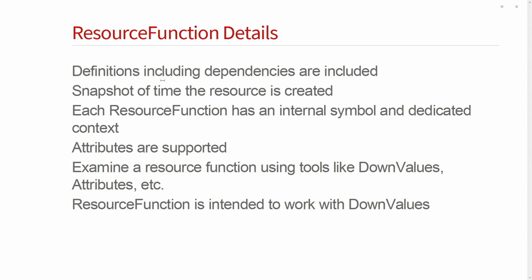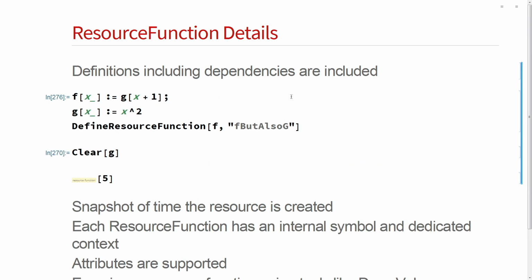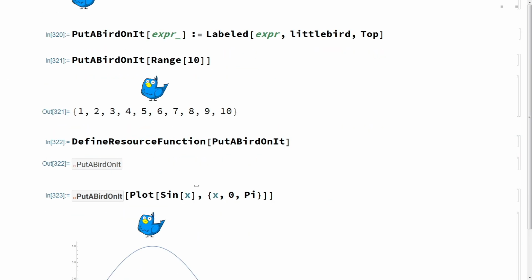Before we move on much further, I'm going to get into some of the nuts and bolts of resource functions. The definitions are imported into the resource function when you evaluate define resource function. So if I have f that depends on g, and I define a resource function for f. One thing I should also mention: in the last example, I just used one argument, and the function itself was named the same thing as the symbol that I used.